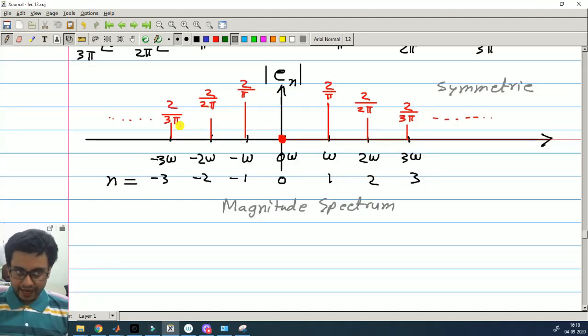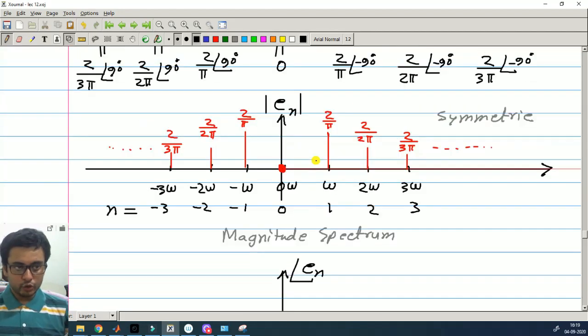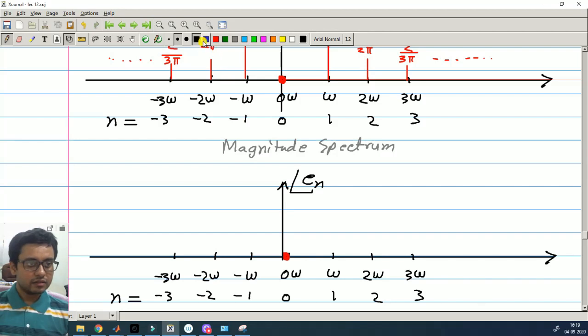Similarly, we will plot another graph where again the horizontal axis will represent different values of n, 0, 1, 2, 3, 4, minus 1, minus 2, minus 3, etc. And the vertical axis will represent the angle of Cn. Now you see that for n equal to 0, the angle of C0 is 0, you can say. So we will put a 0 here.